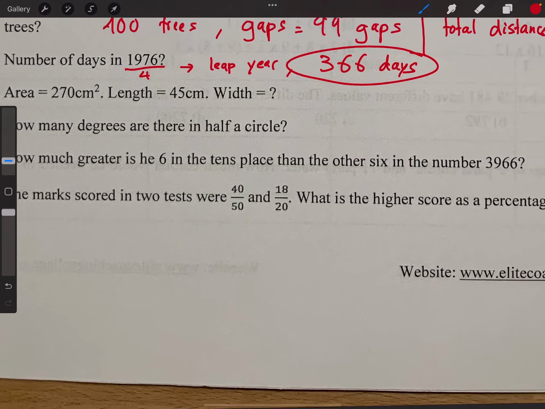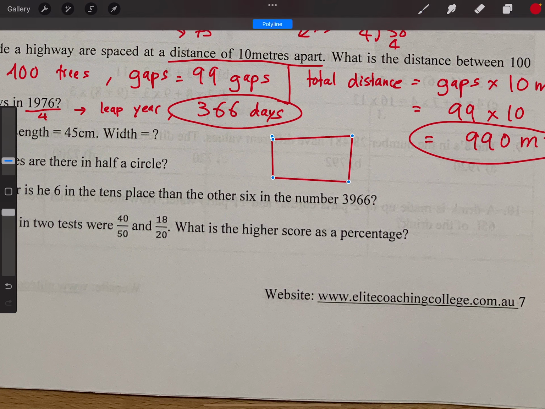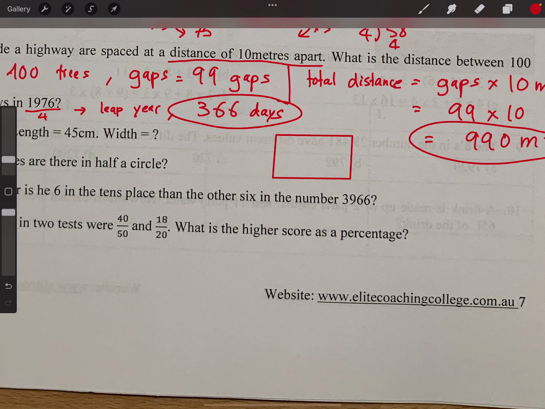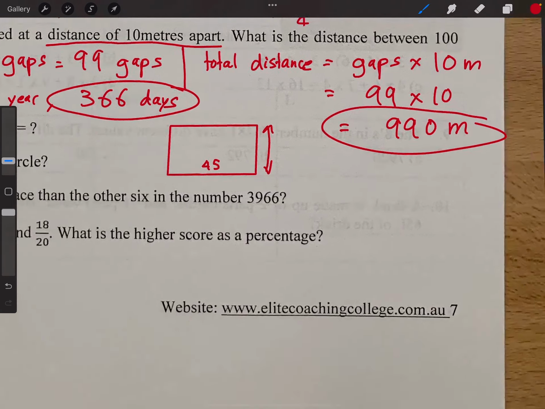Okay, question 15. Area, length and width. Let's draw the rectangle. Sorry, that's a bad rectangle. Let me try again. That's still a bad rectangle, but oh well. We know the length is 45. The width we don't know, but we know the area is 270.